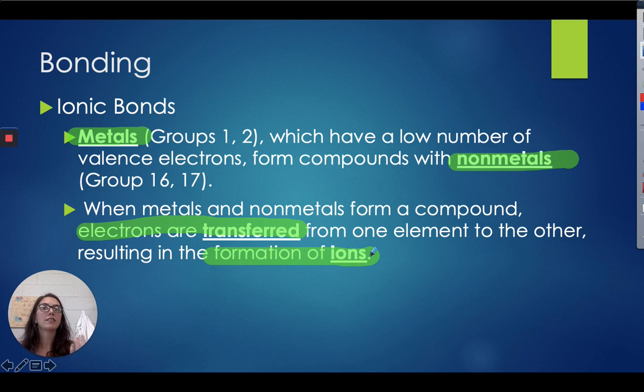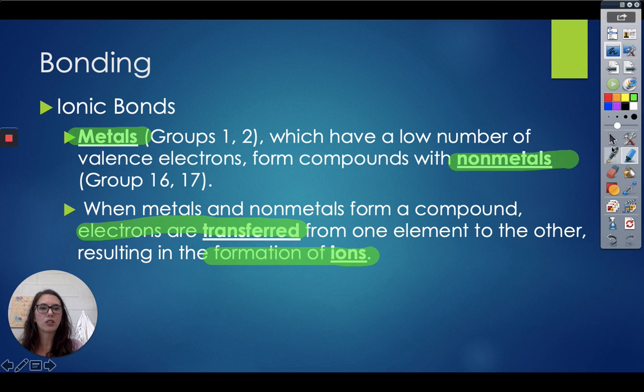Okay, whereas the atom that gets an extra electron, so if it gains an electron, it now has more negative particles than positive, and it becomes negatively charged. So think about, what do opposites do? They're attracted to each other. Okay, so your positive and your negative particles are going to form a bond of attraction, where those oppositely charged ions are attracted to each other.